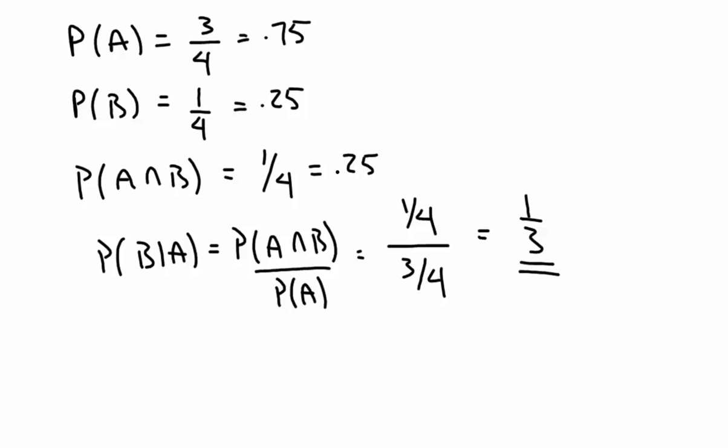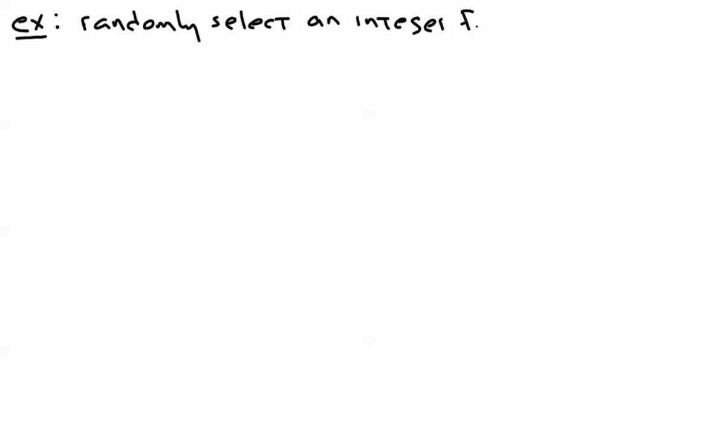All right. Let's do another example. What I'm going to do is randomly select an integer from the integers between 1 and 100.